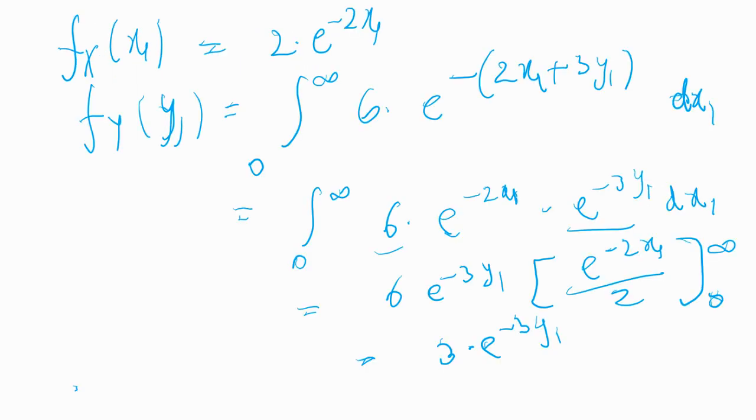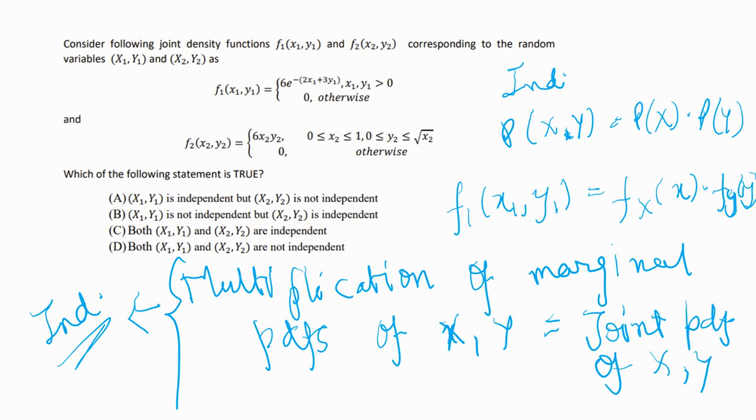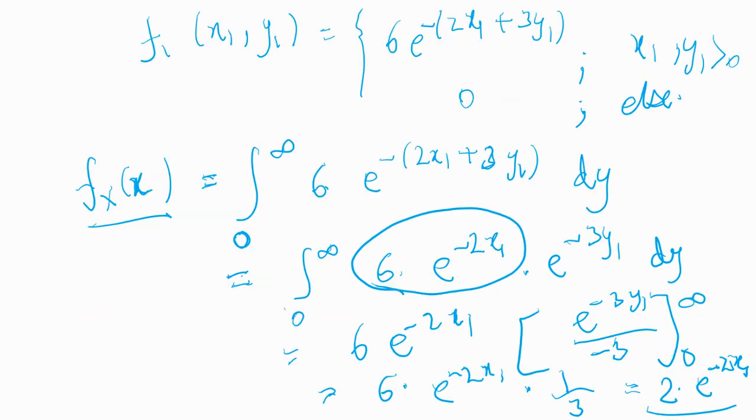So now fx(x1) times fy(y1) is equal to 2 e to the power minus 2x1 into 3 e to the power minus 3y1. So 2 into 3 will be 6 e to the power minus 2x1 minus 3y1. So this is same as 6 e to the power minus (2x1 plus 3y1).